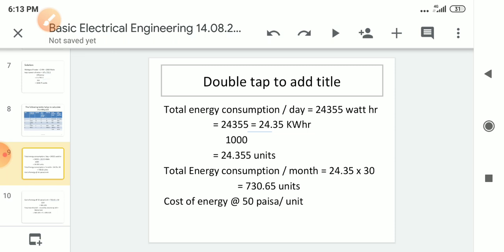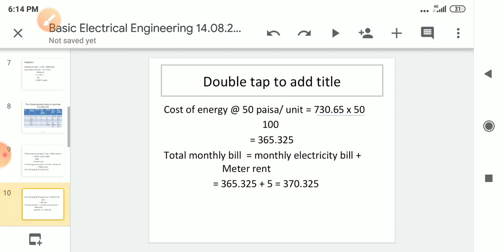In the question, what do they give as the cost per unit? 50 paisa per unit. So 730.65 into 50 divided by 100 gives the total amount of the bill.